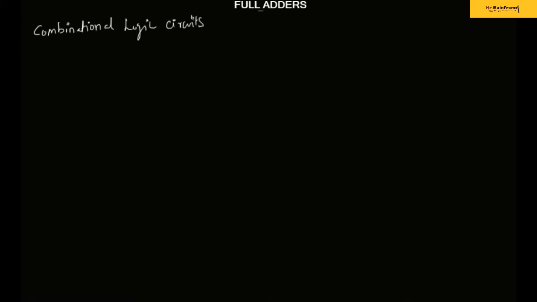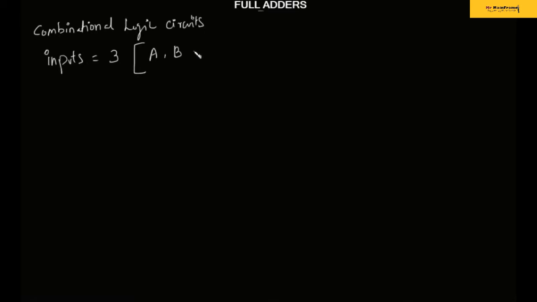So, full adders have, I'll just write the configuration of full adders here, right? Full adders have inputs. How many inputs? They have 3 inputs, and half adders have 2 inputs. We can mention the inputs as A, B, and carry in.